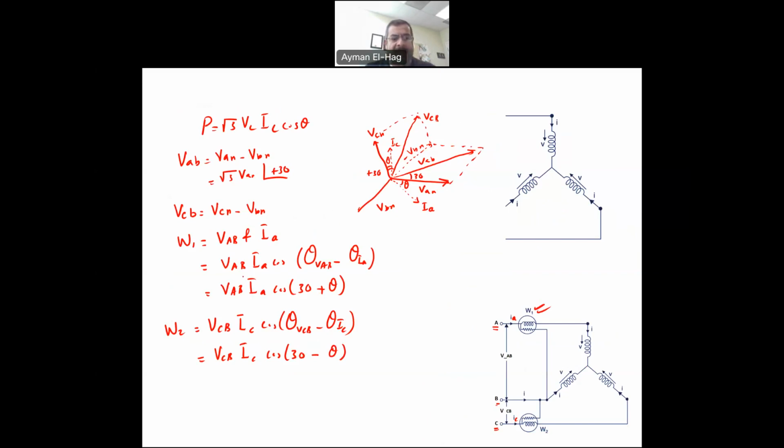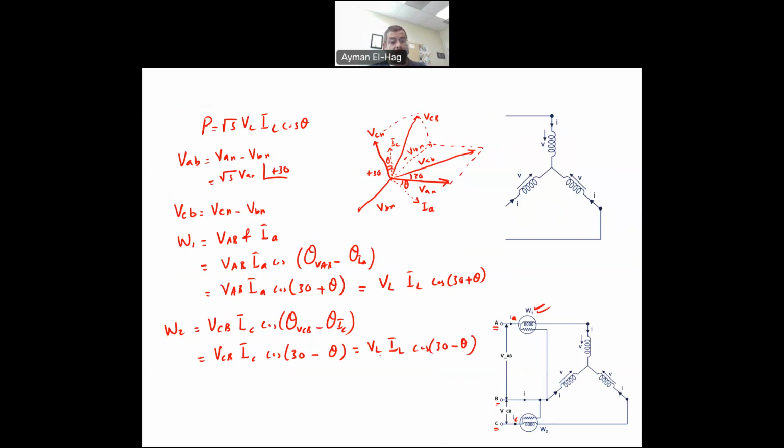Now, we have a balanced system. So VAB and VCB are equal magnitude, and IA and IC are equal magnitude. So W1 will equal V line, I line, cosine of 30 plus theta, and W2 will equal V line, I line, cosine 30 minus theta.